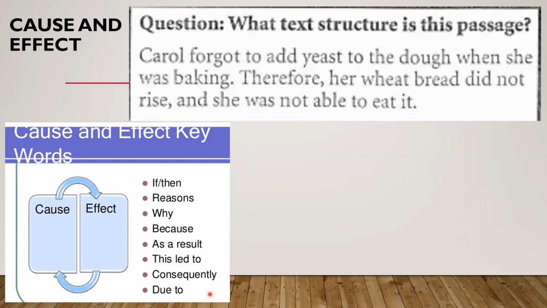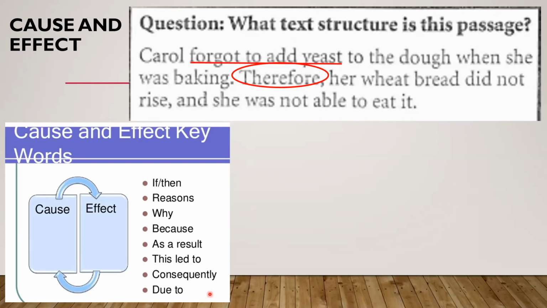Therefore, her wheat bread did not rise, and she was not able to eat it. So if we look at this, the only key word that we find is therefore. But therefore doesn't tell us if it's really cause and effect. So what we do is we look at the text and we find the words forgot to add yeast.